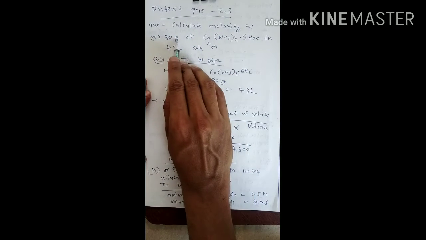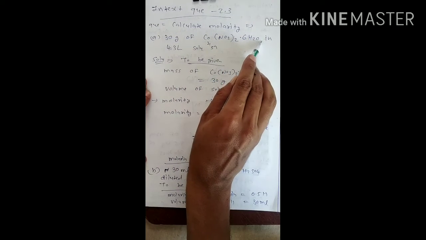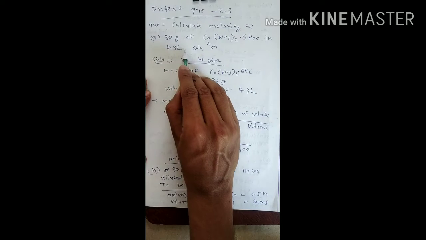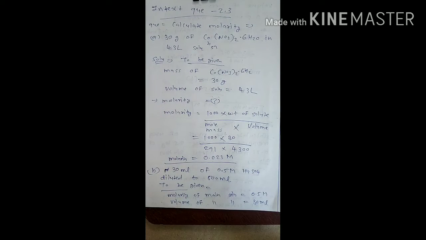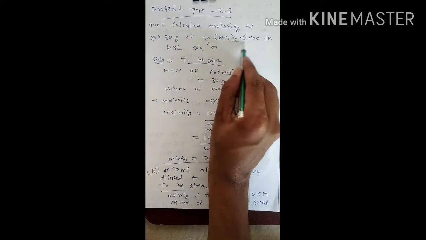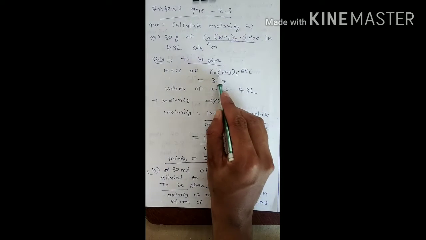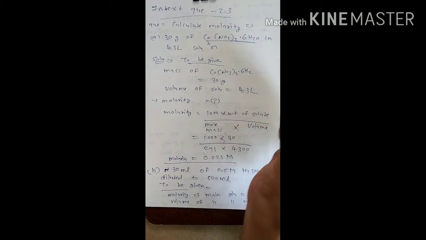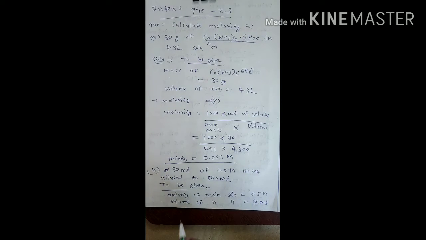A, 30 grams of Co(NO3)2·6H2O in 4.3 liters of solution. What is given here? 30 grams of this compound, the weight of the compound is given. So mass of Co(NO3)2·6H2O is 30 grams.